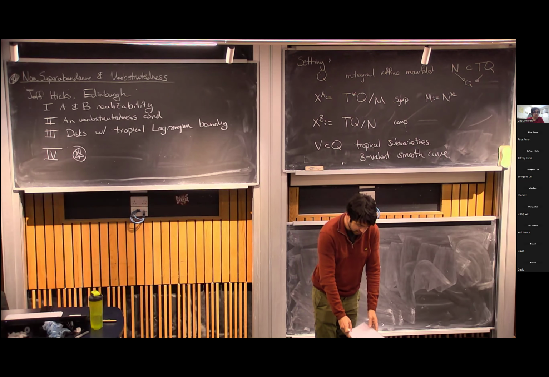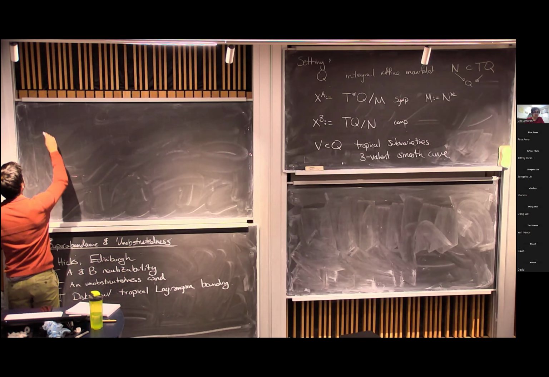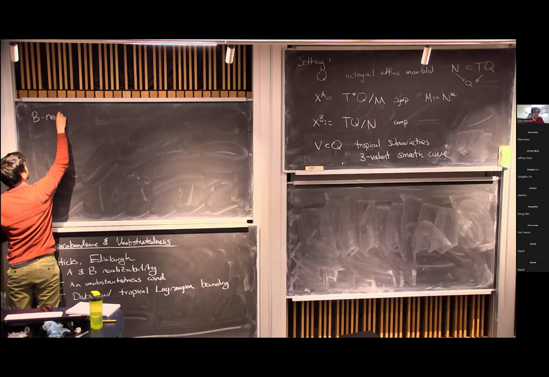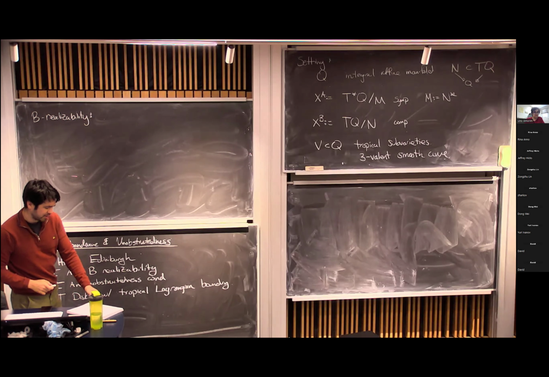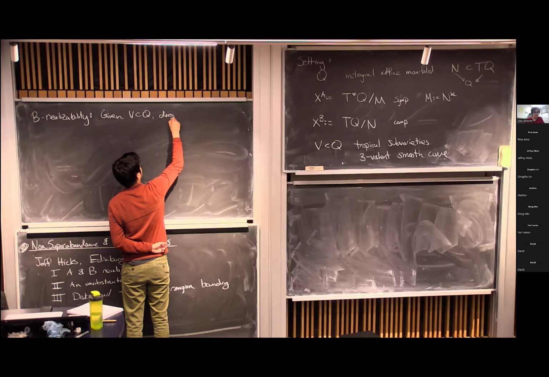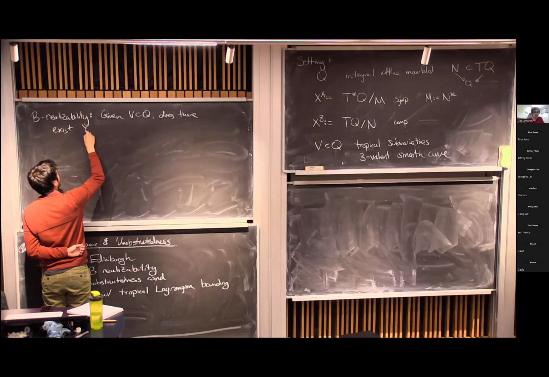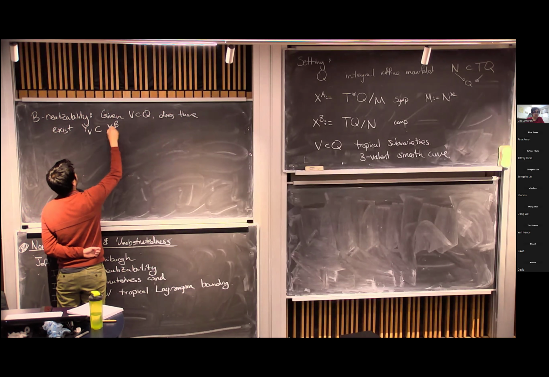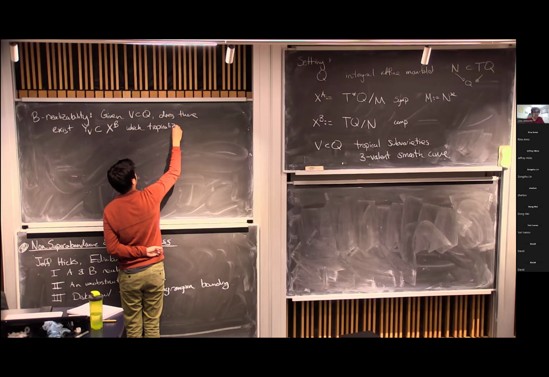Okay, so with that set up, I can start to describe what the A realizability and the B realizability problems are. So the more familiar one is B realizability, which asks the following question. Given V inside of Q, does there exist YV inside of XB, which tropicalizes to V?